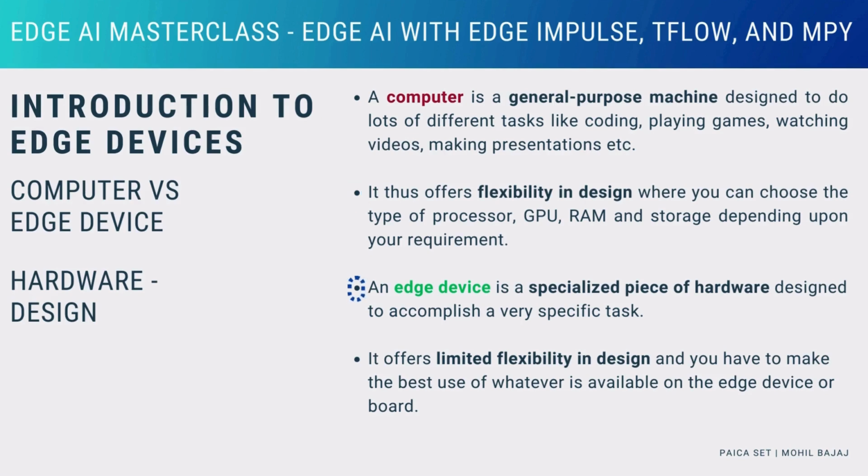An edge device, on the other hand, is a specialized piece of hardware designed to do one specific task, and it thus has a very limited flexibility in design. You cannot change the processor or the RAM or the storage on an edge device, though some devices may allow you to add external devices to supplement these capabilities.